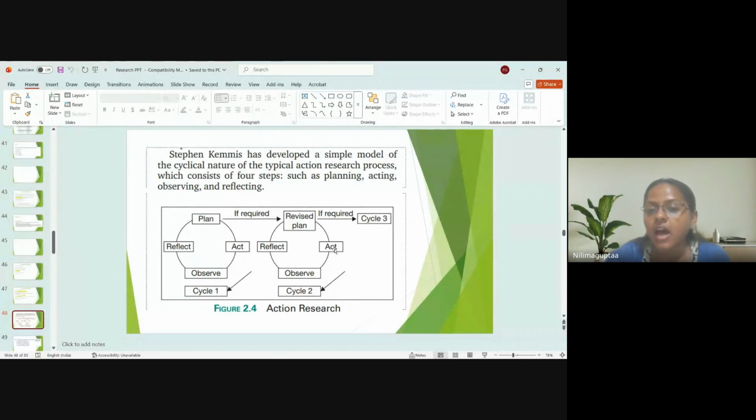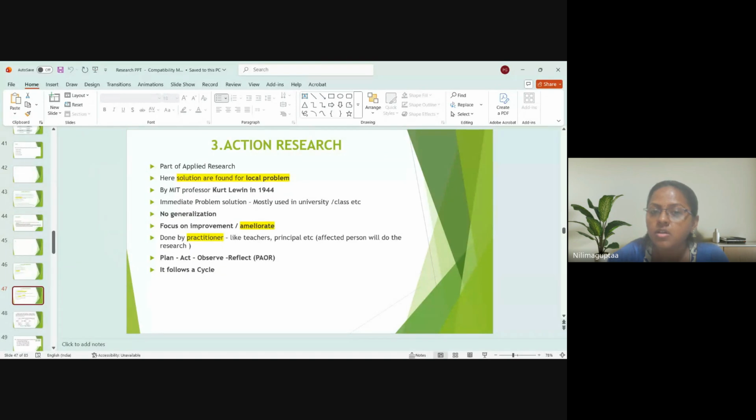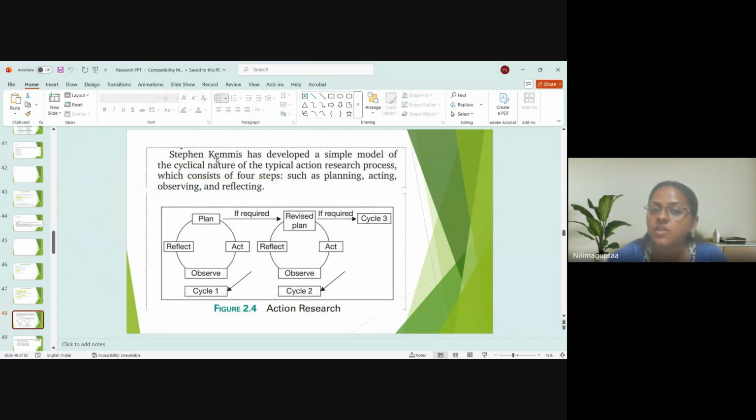I then act on it, I observe, and I see it is giving me a good solution, so I will stop. If it is not providing a good solution, I will go again to the next cycle. So it is continuously going in a cycle. So the action research idea was developed by Kurt Lewin in 1944, but this cycle of plan, act, observe was developed by Stephen Kemmis. Clear so far?